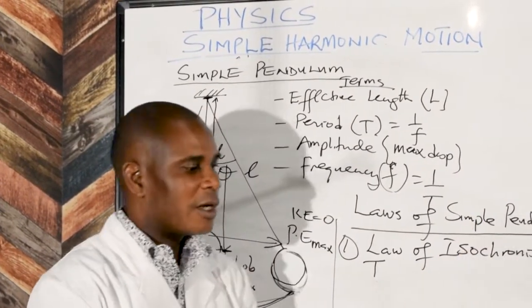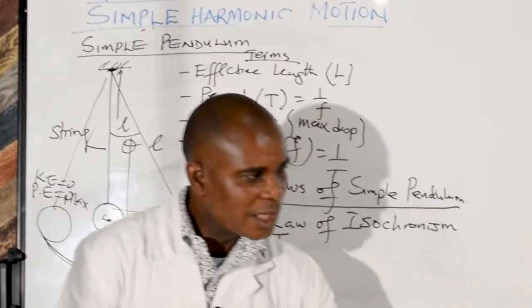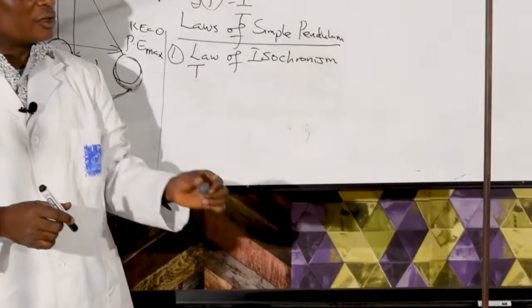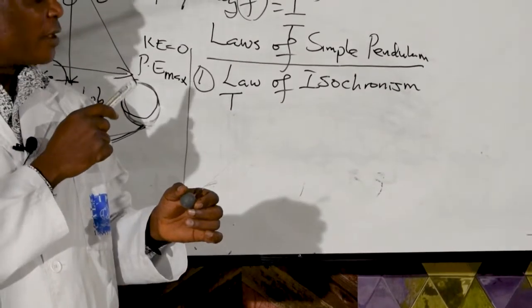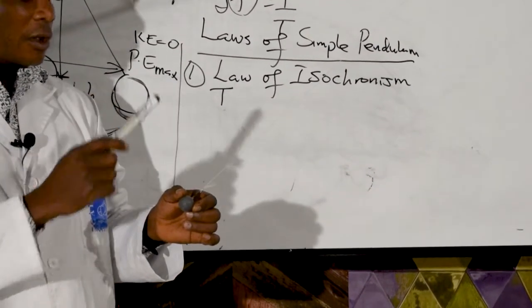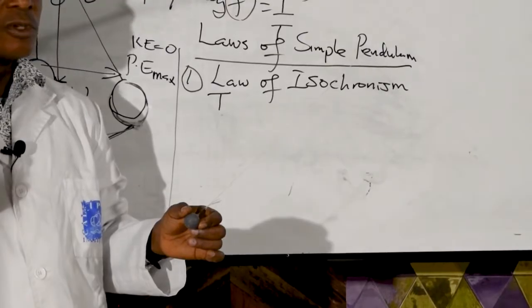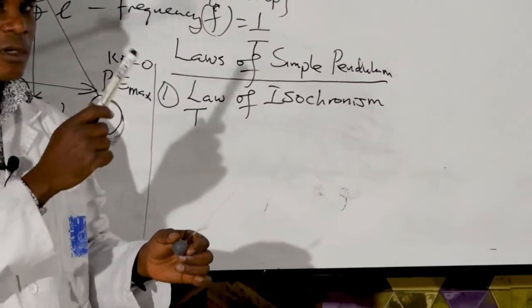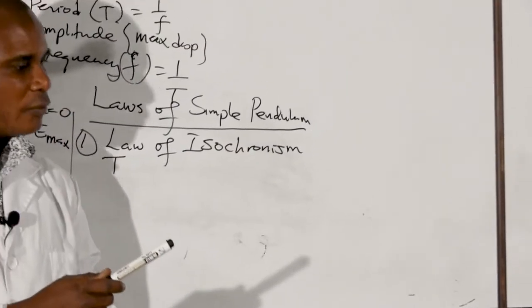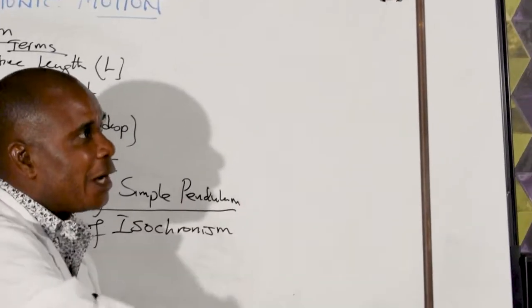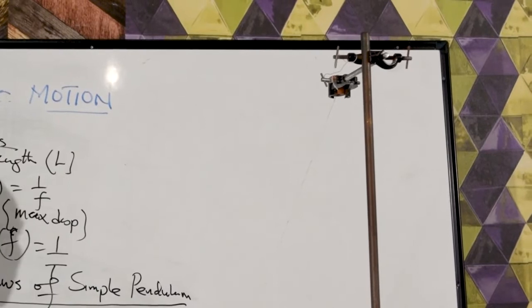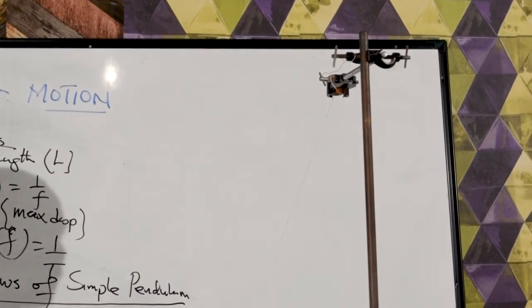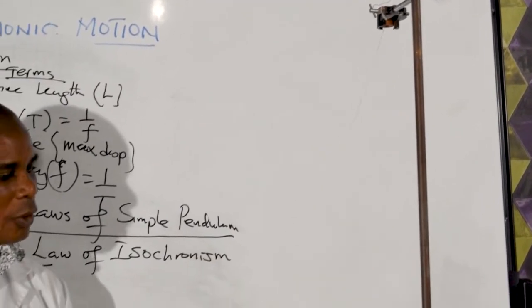Beyond that limit, if I displace it to an extreme, then the amplitude will affect the period. So if I don't want the period to be affected, I have to give it a particular displacement angle. So how small is small?